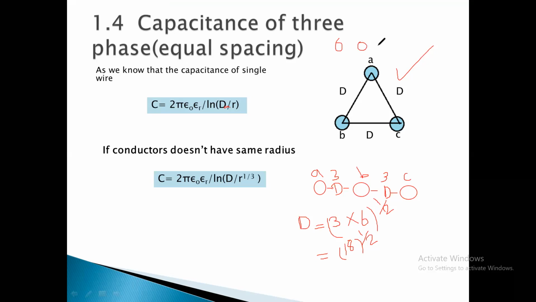I have seen one of the questions you provided me. The conductors were like this, so you have to use this formula. You can only use this one in equal, symmetric spacing. But in asymmetric, meaning unequal spacing, like these conductors. Did you get my point?